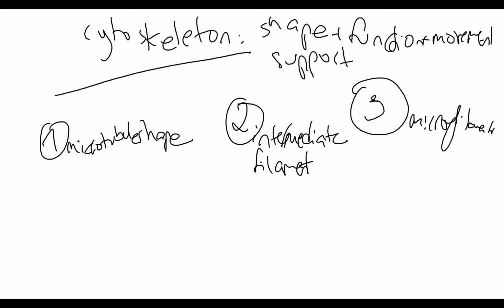Microtubules are shaped like the spindle fiber, and the spindle fiber is one of the most important microtubules in our cells, which helps the cell cycle occur and helps align the chromosomes. Their shape looks like this.